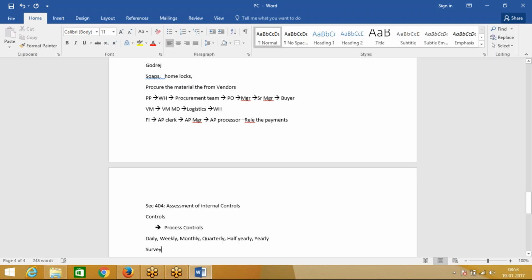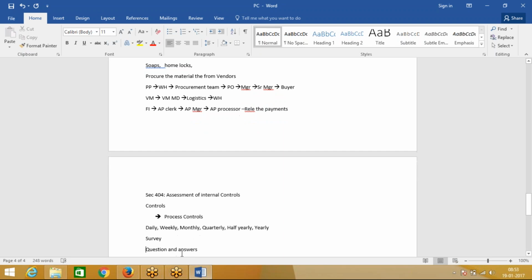Then how are we going to assess these things? I gave you one example, the survey. I map the survey to this control, and whenever I trigger the control, the survey is sent to the process control head, that means the division head. Those people have to validate whether we are following the process.